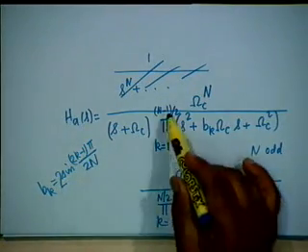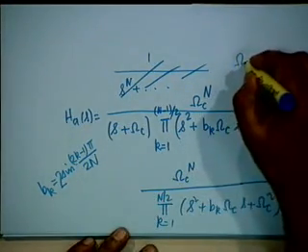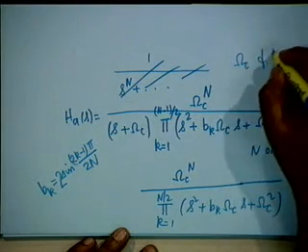The range of k has already been specified, so there is no problem. So, all that you have to determine for Butterworth is omega c and capital N.